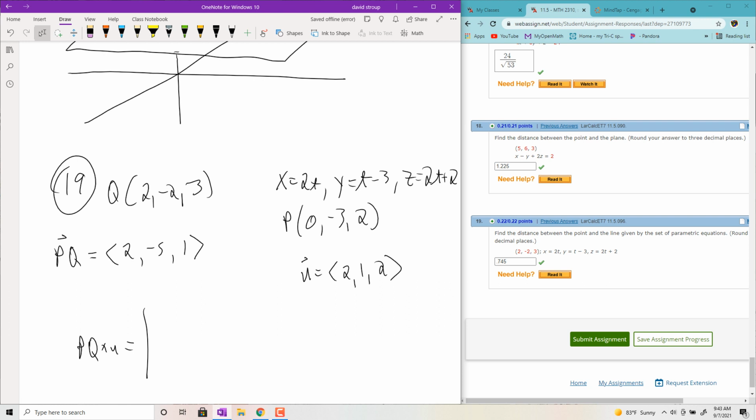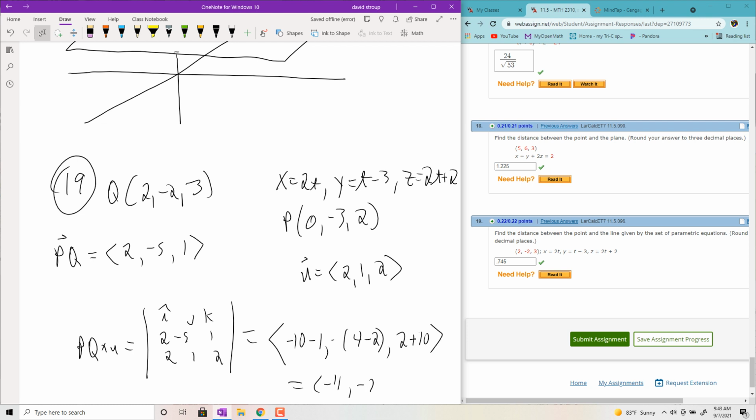I got 2, negative 5, 1, 2, 1, 2, IJK. So we're getting negative 10 minus 1, negative 4 minus 2, and then 2 minus negative 10, so plus 10. So this will be negative 11, negative 2, 12.